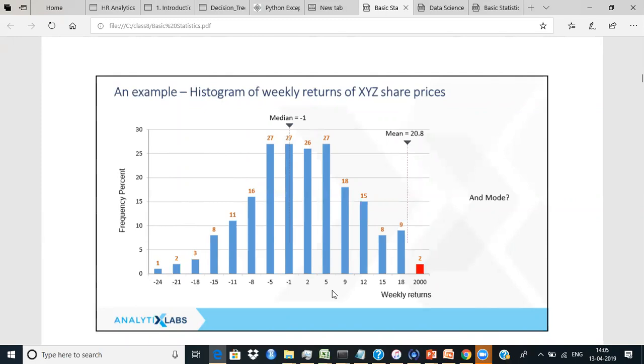So all of these values will become the mode. For example, in this distribution, the modes will be minus 5, minus 1, and 5. All of these 3 are modes. This is a multimodal distribution. We represent it as multimodal data with modes minus 5, minus 1, and 5. Is that how we represent it? Yes.